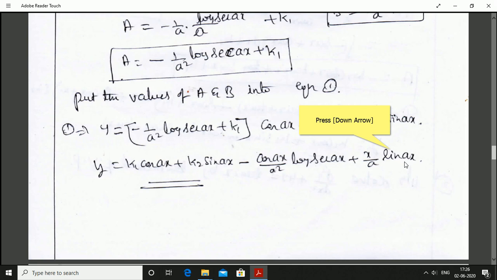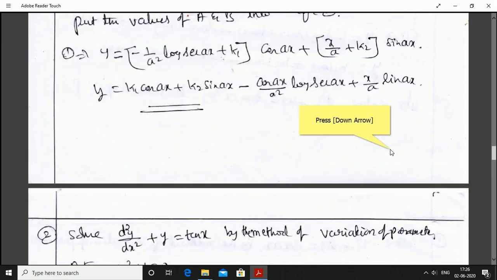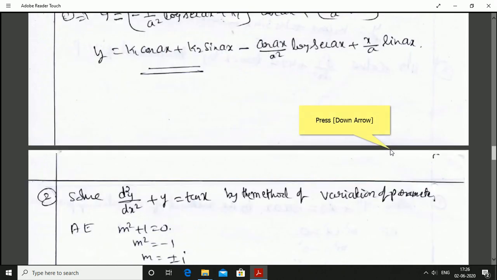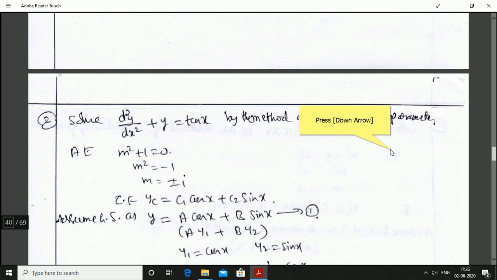Therefore, y is equal to, first I have written these terms, k1 cos ax plus k2 sin ax. Remaining is minus 1 by a square log secant ax into cos ax plus x by a into sin ax. Okay, this is the general solution of the given differential equation by the method of variation of parameters.